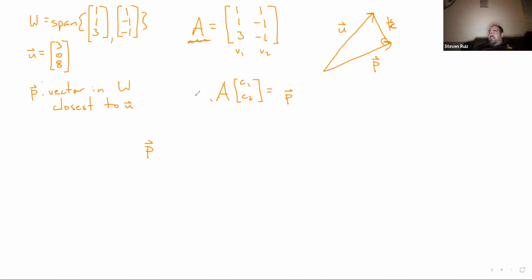So that's where we manipulate the equation. We want to multiply something by A to give us a product that will definitely have an inverse. So we multiply on the left by the transpose.